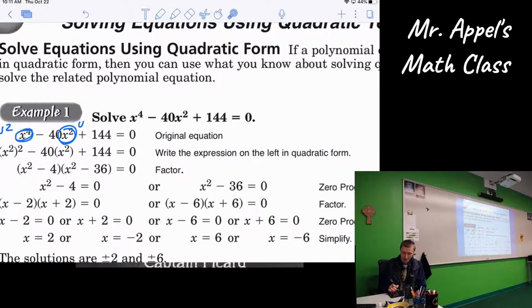And then minus 36, so you get positive 6 and negative 6. All 4 answers are our original answers, and that checks out with our rule for polynomials. We know that this is a 4th degree polynomial. It should have at most, it does have 4 roots, some of which may or may not be real. So in this case, all 4 of them are real roots. Positive negative 2, positive negative 6, done.